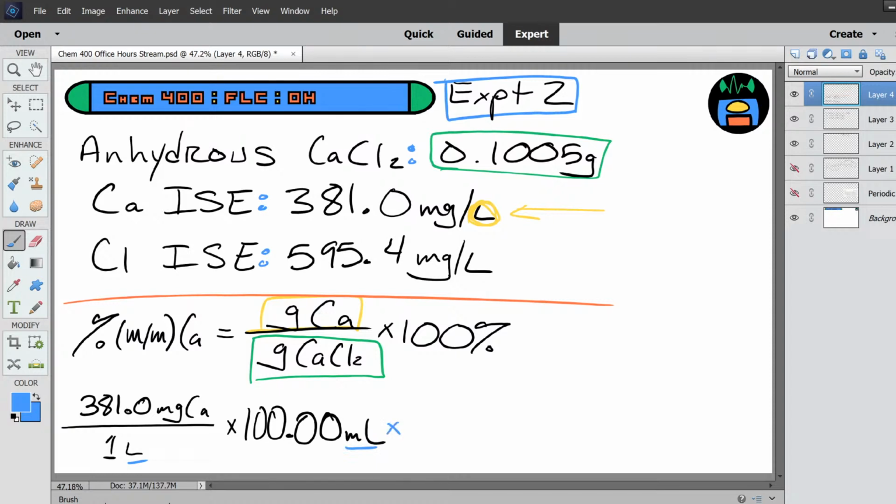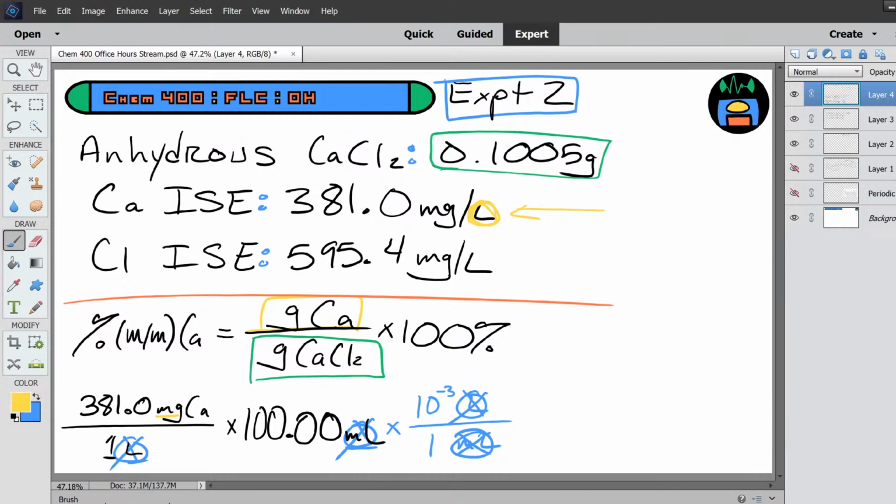Now, we still can't quite cancel because liters and milliliters are not the same volume unit. But if we apply the unit conversion for milliliters, put milliliters in the denominator, liters in the numerator, 1 milliliter is 10 to the negative third liters. So these cancel. And then liters cancel liters, and we're left with just milligrams of calcium.